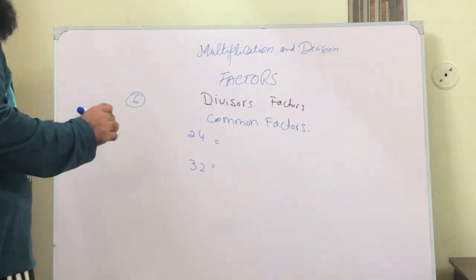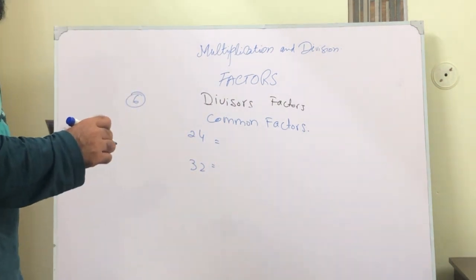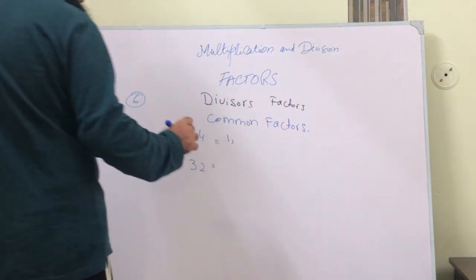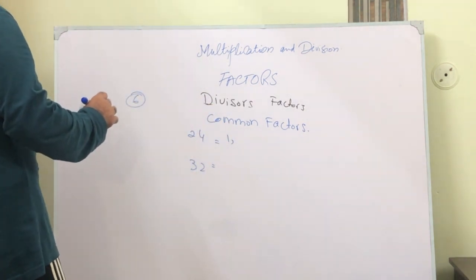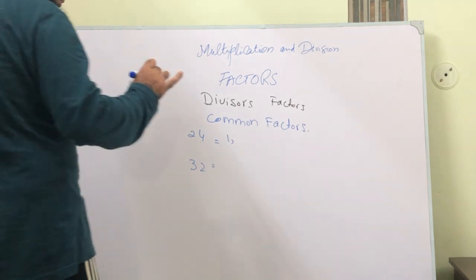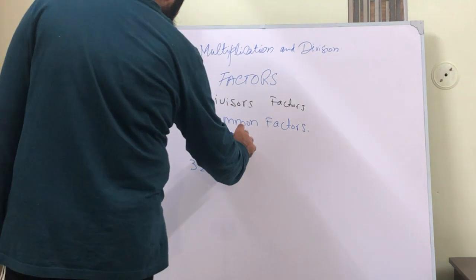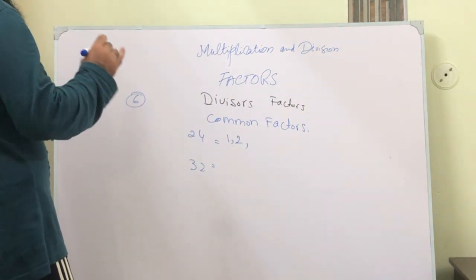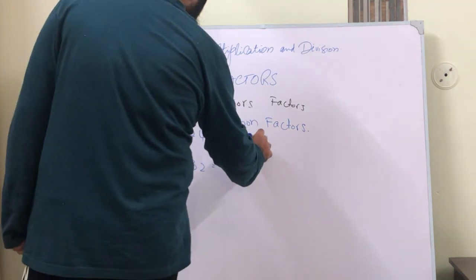First we need to know how to find the factors of 24. 24 can be divided by 1. We get 0 remainder. 1 24 is 24. Then 24 can be divided by 2. 2 12s are 24, no remainder. Then we divide 24 by 4. 4 6s are 24. Remainder is 0.